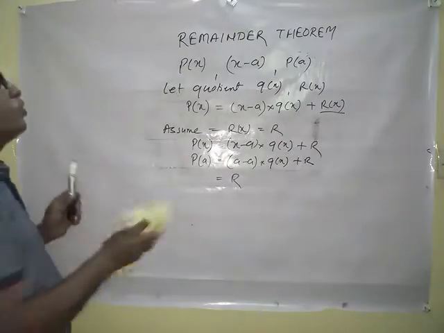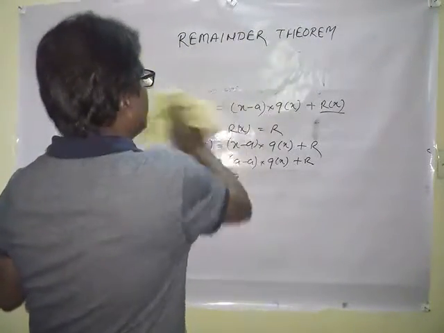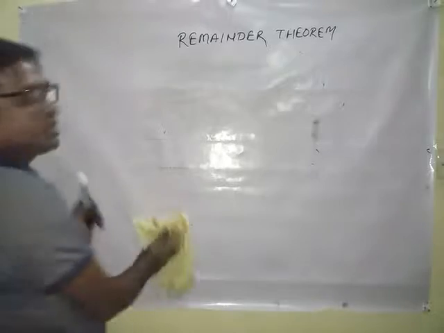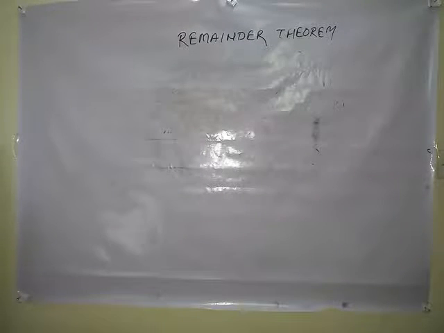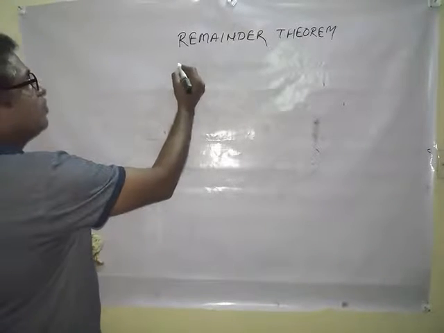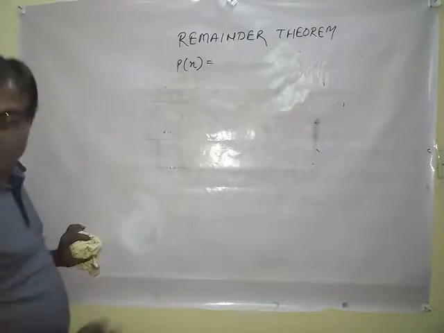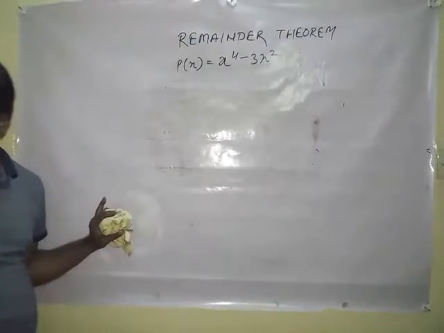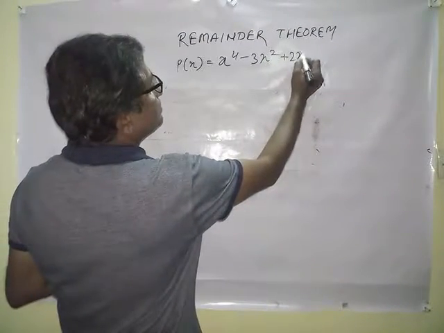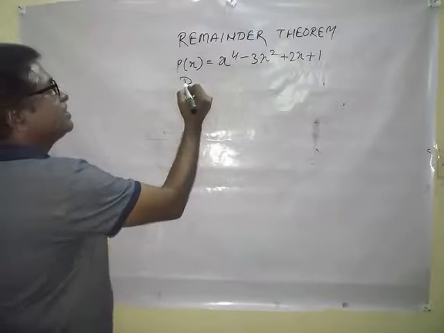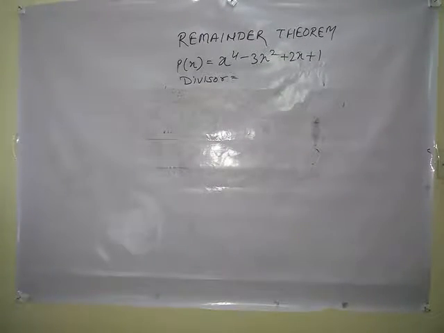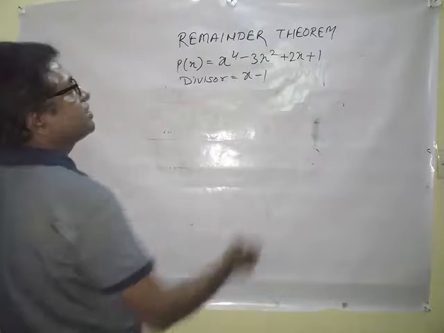Let us take a few more examples on this, because a lot of questions can come and a lot of twisting can be done in this. Suppose you have to find the remainder for P(x) equal to x to the power 4 minus 3x squared plus 2x plus 1, when the divisor is x minus 1, which is again a linear equation.